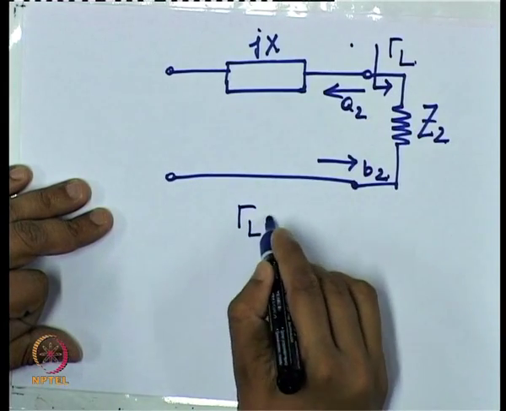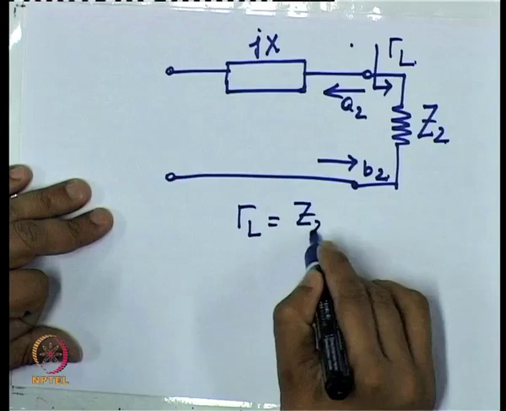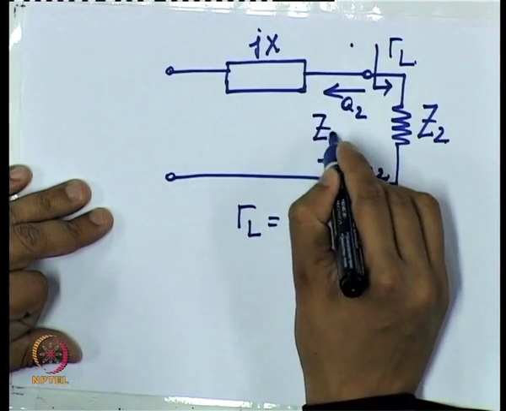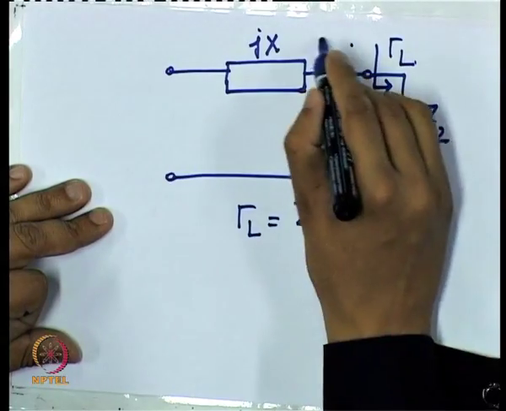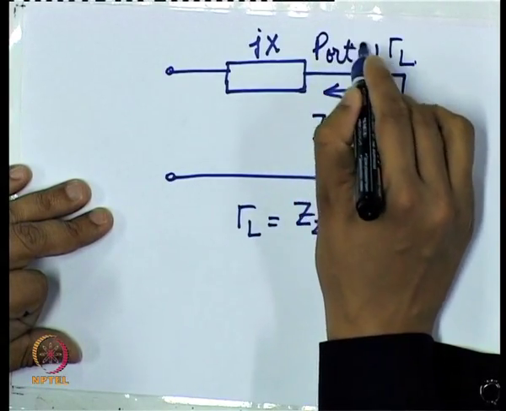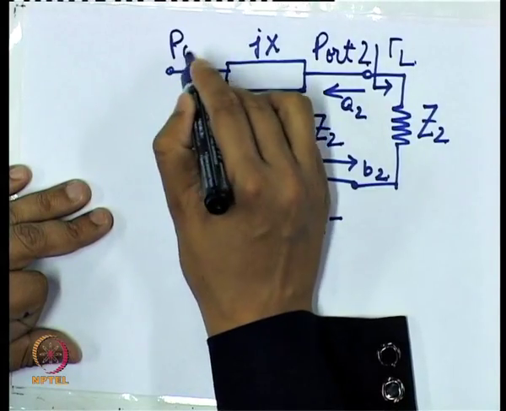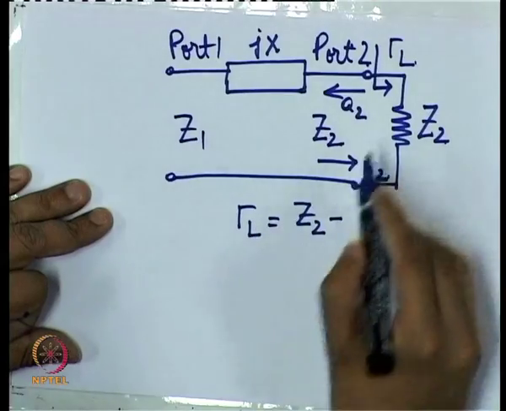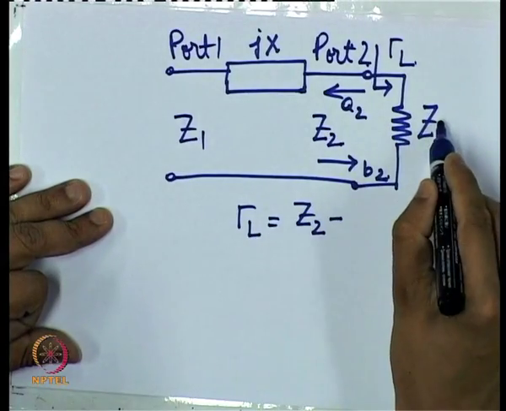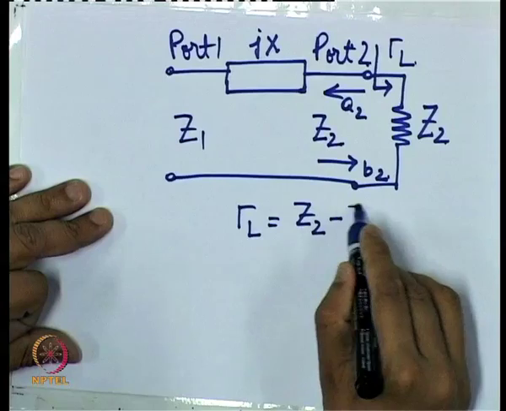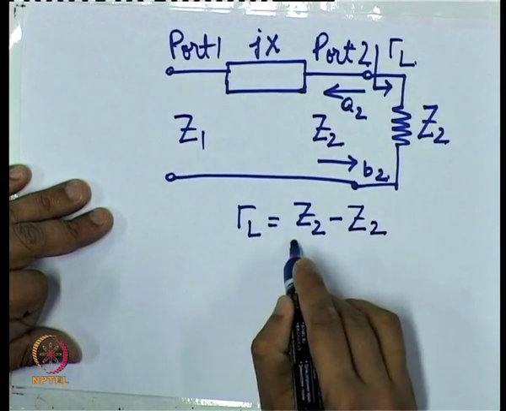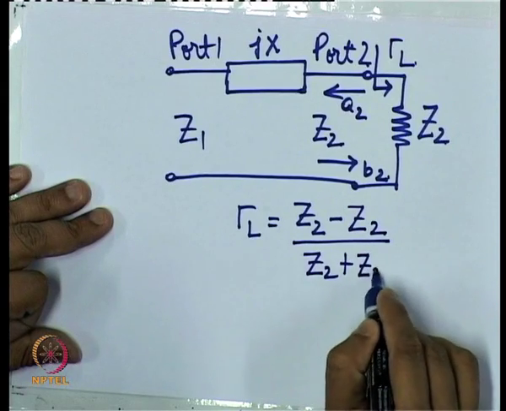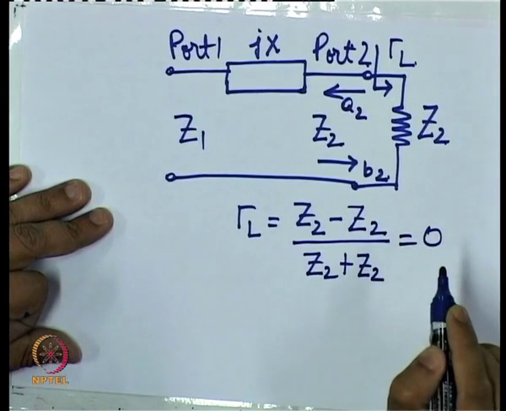Gamma L will be Z2 minus the characteristic impedance. We know that the characteristic impedance at port 2 is also Z2, and the characteristic impedance at port 1 is Z1. So gamma L will be Z2, which is the load, minus the characteristic impedance, which is also Z2, upon Z2 plus Z2, and this is equal to 0.